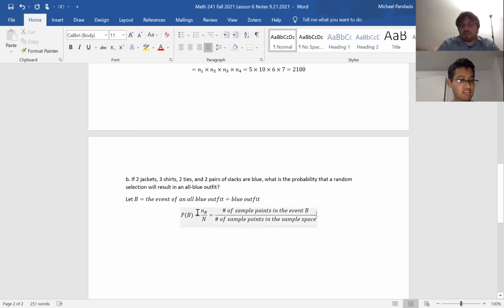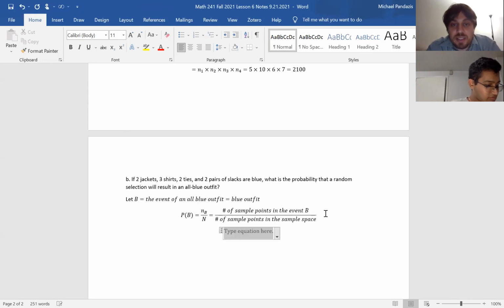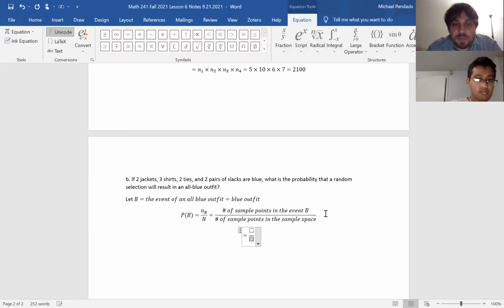So you have probability of an event B, which is N sub B over N, which is the number of sample points in the event B divided by the number of sample points in the sample space. Now, in this particular problem, that means that this is equal to the number of all blue outfits divided by the number of outfits, right?